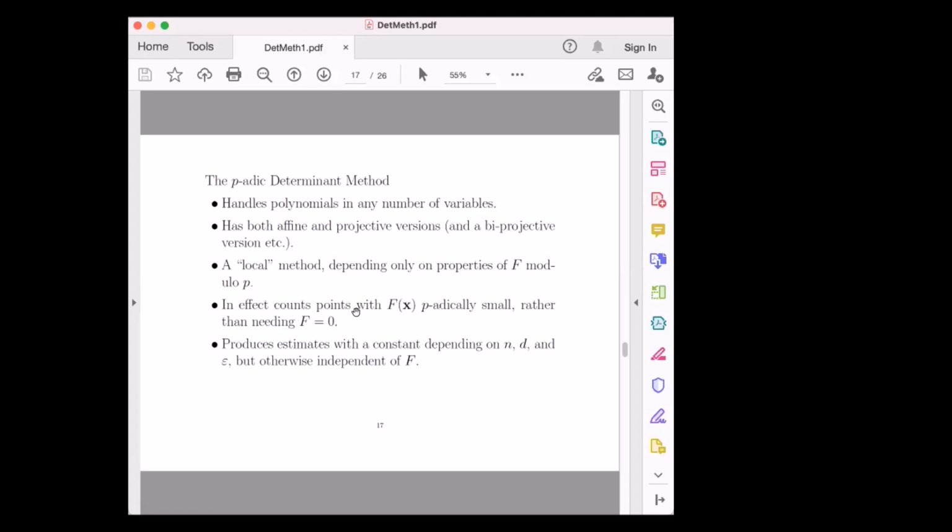And in effect, it's counting points where f(x) is p-adically small, rather than actually needing f to be equal to 0. And just as in the Bombieri-Pila case, it provides upper bounds with a constant that, in this case, depends on the number of variables n, as well as d and epsilon, but is otherwise independent of f.